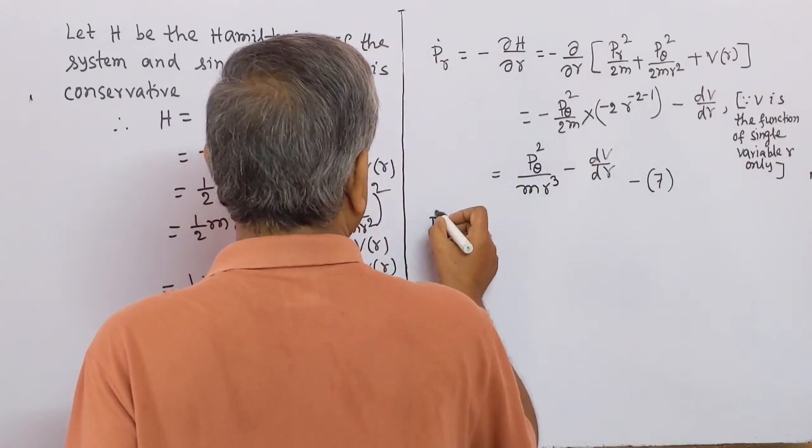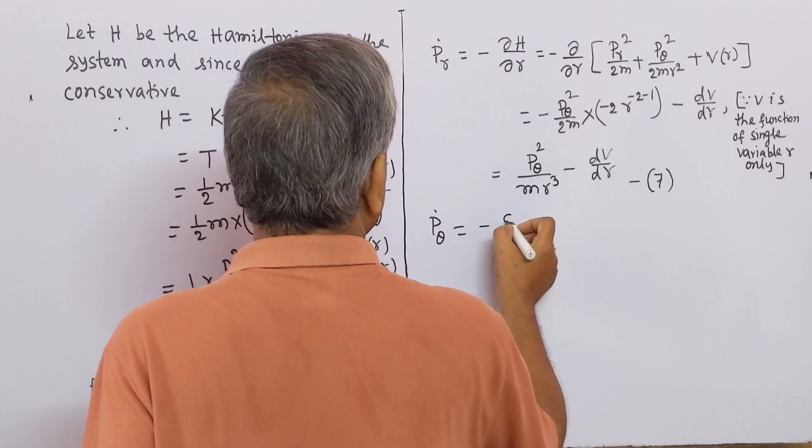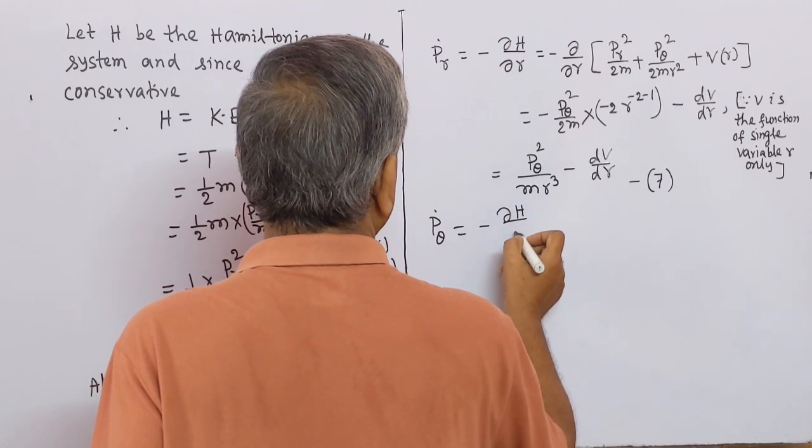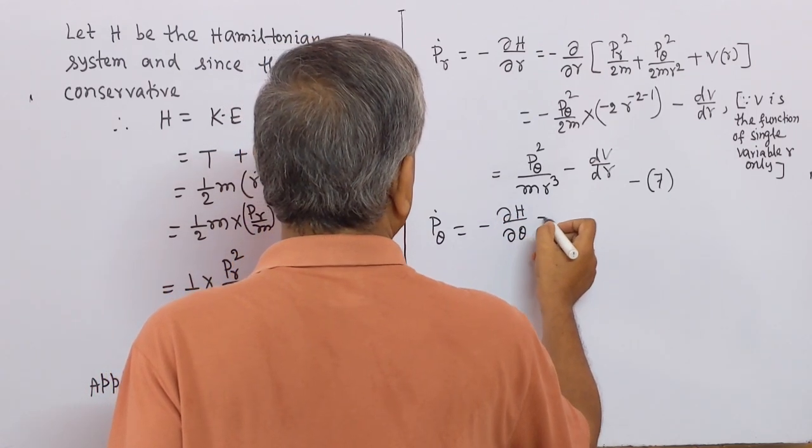P theta dot equal to minus partial derivative of H with respect to theta.